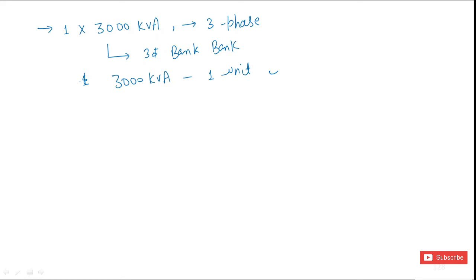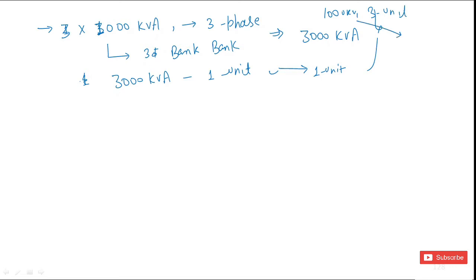And if you are using three 1000 kVA transformers, then also you will get 3000 kVA. So the choice is yours whether you choose a single unit of 3000 kVA transformer, or 3 units of 1000 kVA single phase transformers, and you can connect accordingly.